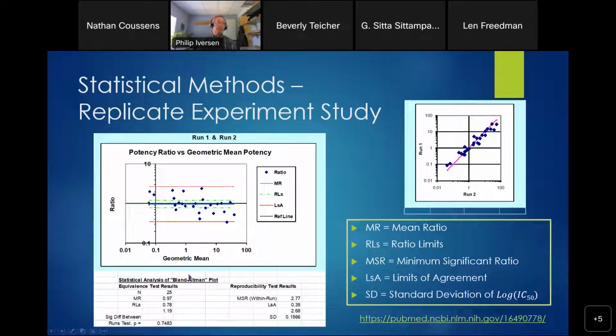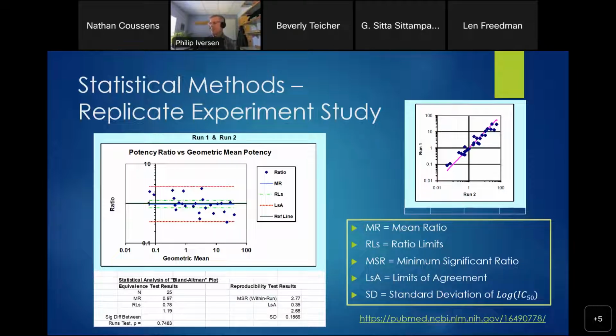Now, there's an important point here: the MSR calculated from this 2-run experiment is actually a within-run MSR. It's only measuring within-run variability. I won't go into the statistical justification for that, but that's an important point to make. You really need more than 2 runs to measure between-run variability.